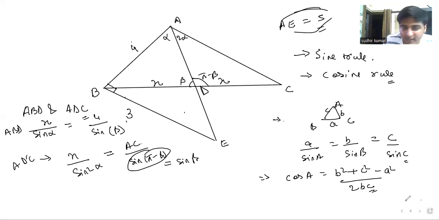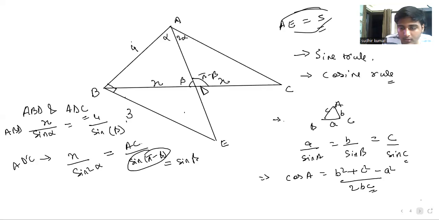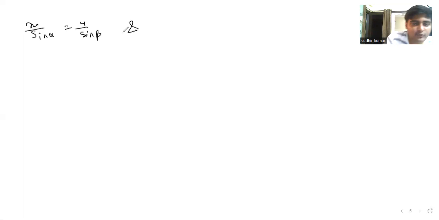The relations we got were X upon sine alpha is equal to 4 upon sine beta, and X upon sine 2 alpha is equal to AC upon sine beta.